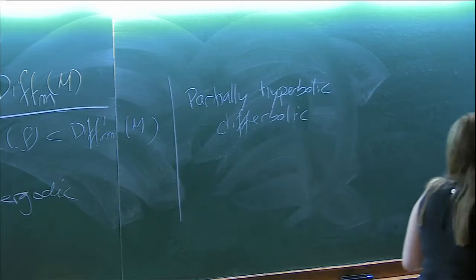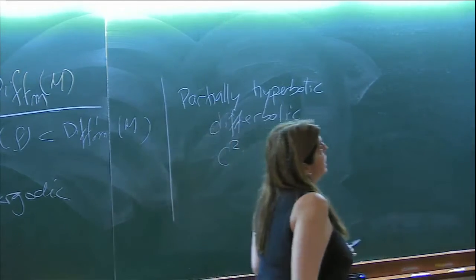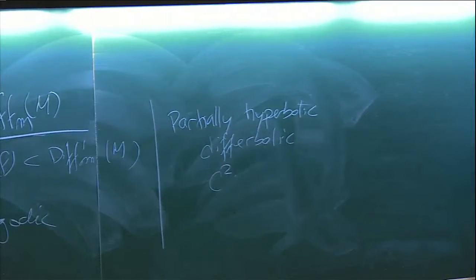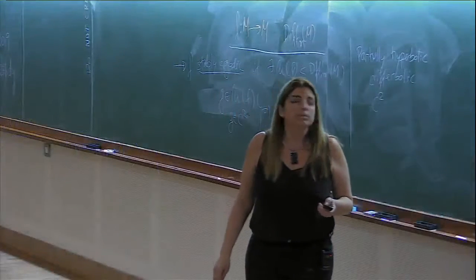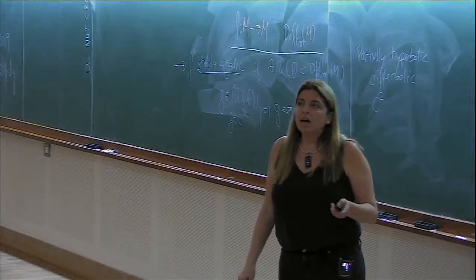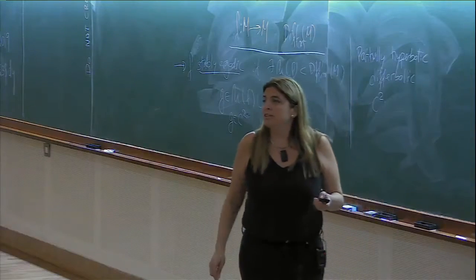But the conjecture is still open in the C2 topology. But in fact, I want to conjecture less hyperbolicity. I want to claim that less hyperbolicity implies stable ergodicity. How less? As less as you can get. I have been conjecturing this since 2012.